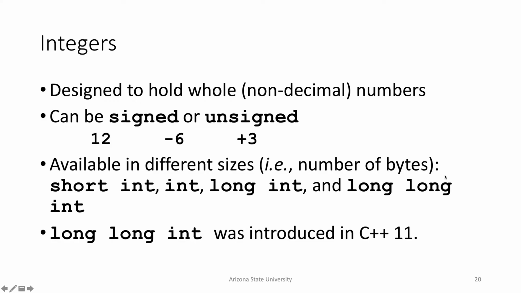So I should specify that long long int is only guaranteed to be at least 64 bits. It's not guaranteed to be twice as many as long is. So you can only guarantee that it's at least as large as the long here. So pretty much always you'll be dealing with short, int, and long. You hardly ever will need long long for that reason.